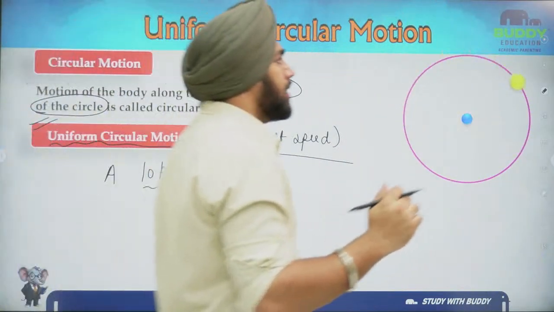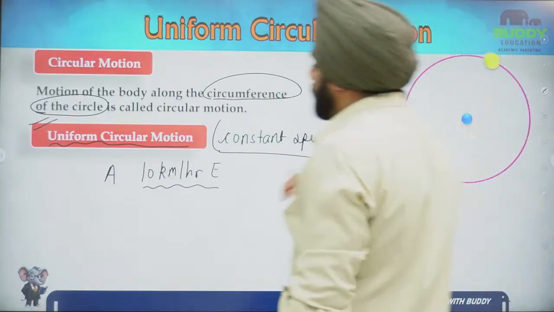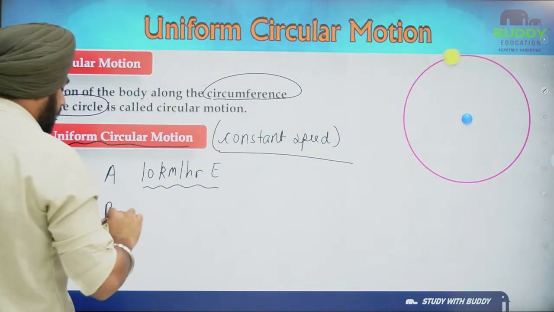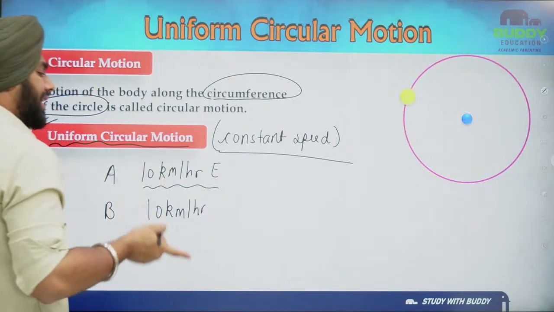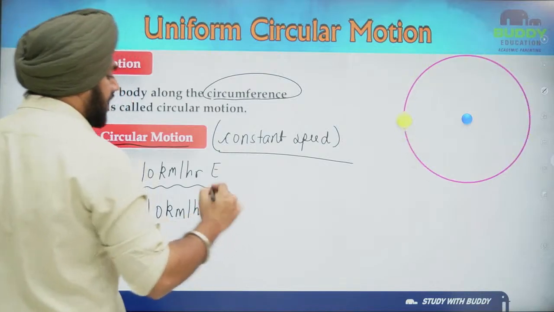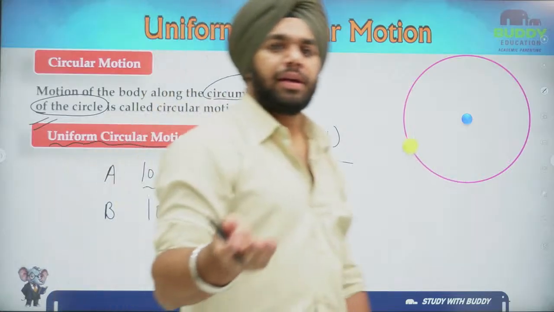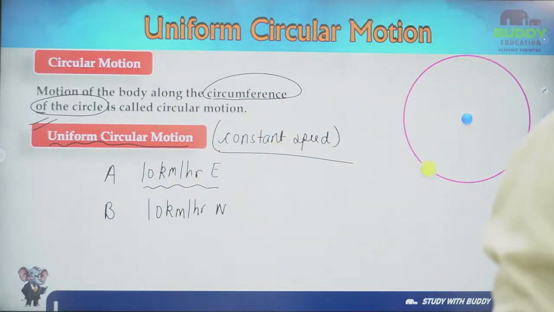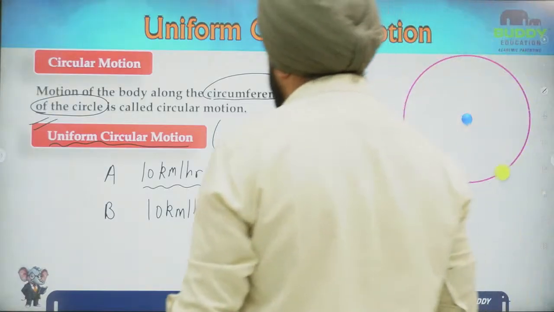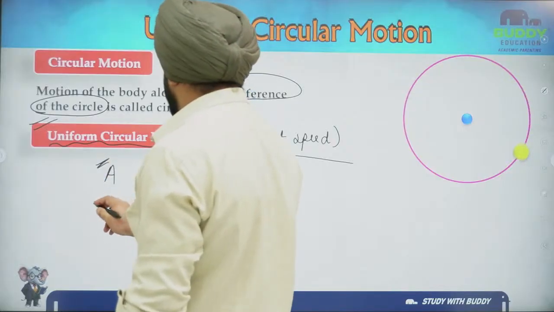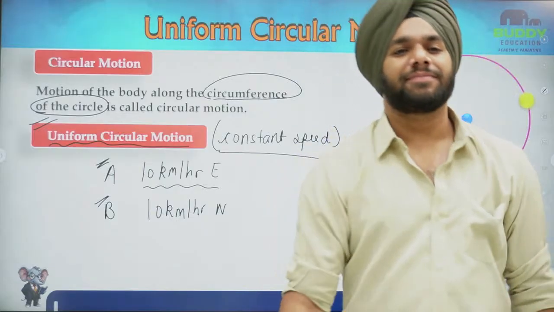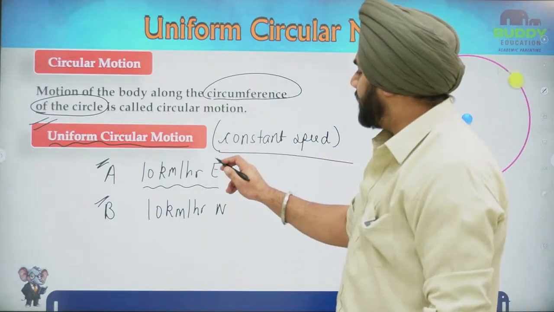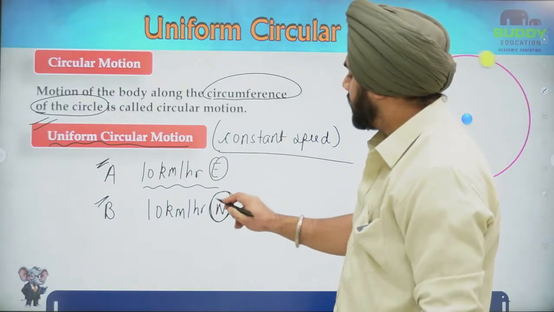Now I take another body, body B, which is moving with a velocity of 10 km per hour, but it has a different direction, say north. So one body is going in the east direction and the other body is in the north direction. If the directions are different, the velocities are different.